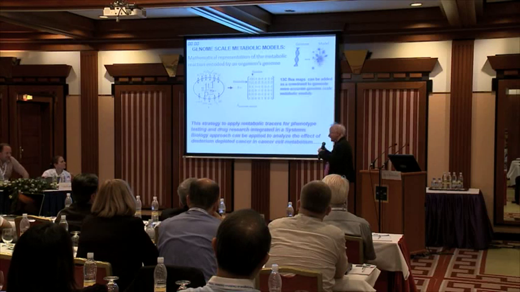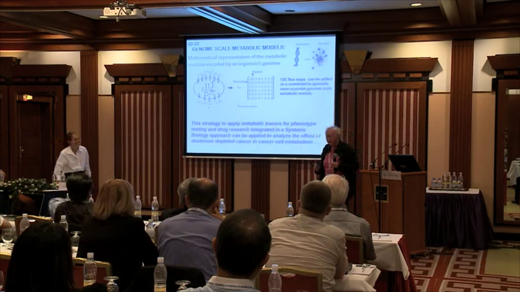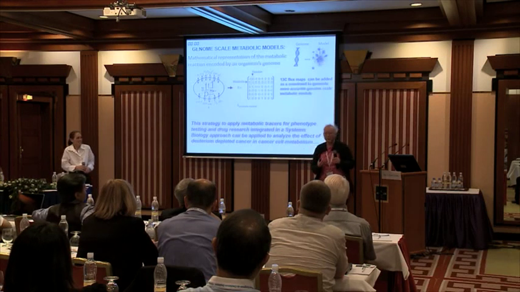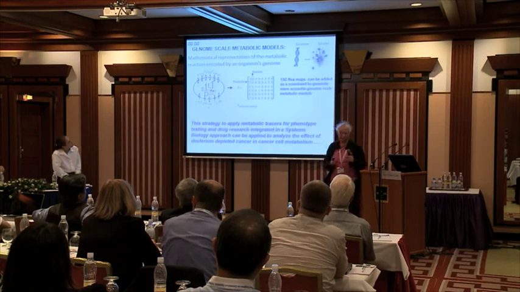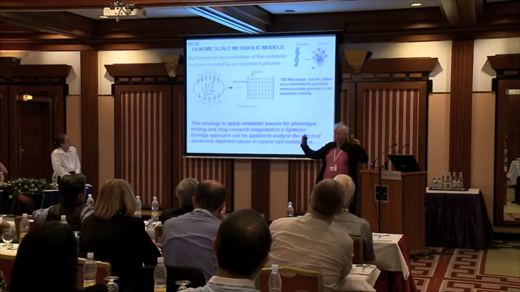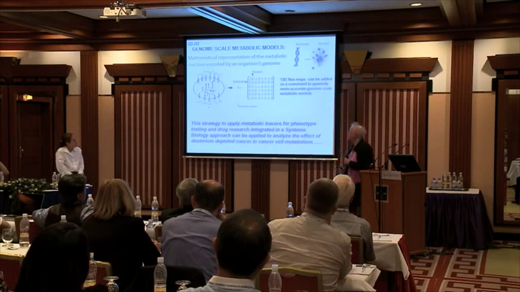In addition, we are trying to integrate this layer of information with what is now also in fashion, genome scale metabolic models that are mainly constructed from transcriptomic data on metabolism-related enzymes, being huge, like RECON2-1, RECON2, very huge genome scale metabolic maps.